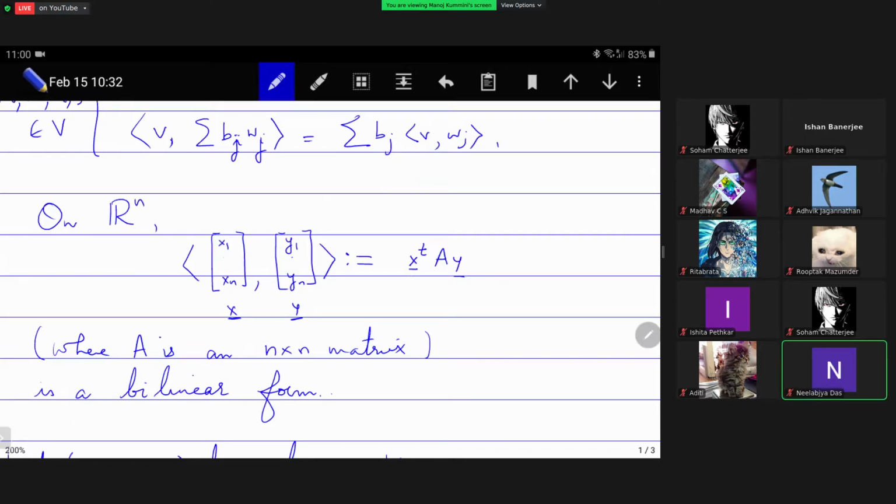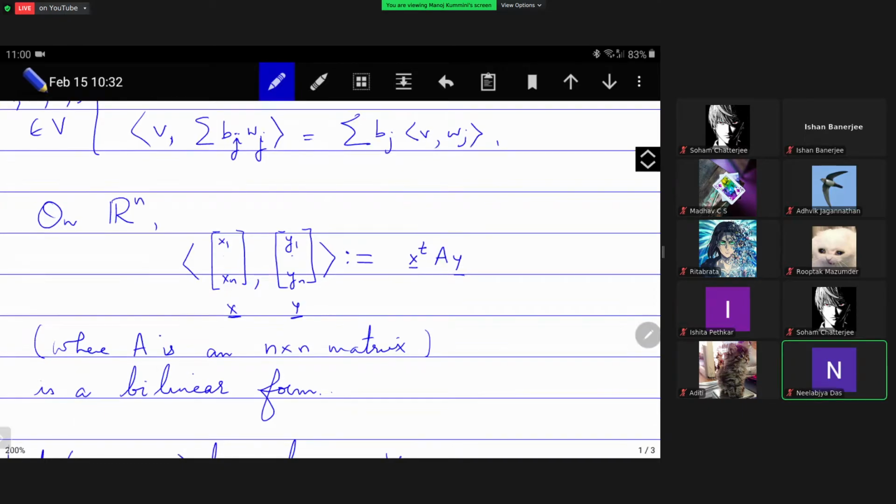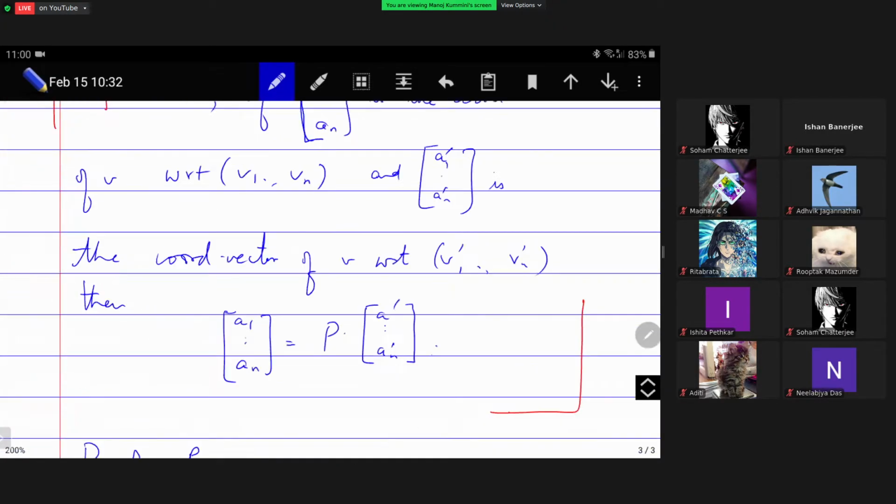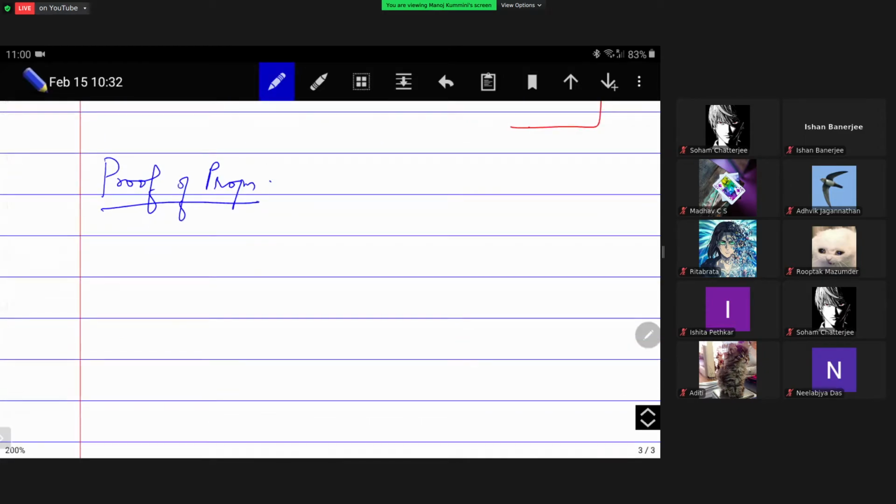Yes, sir. Any bilinear form is given like this. So now, when we write like this, we want to avoid thinking about coordinates.